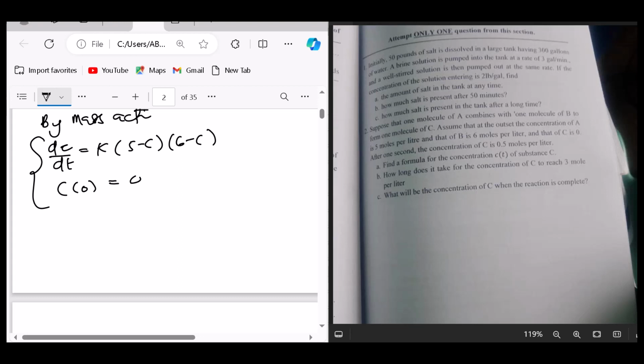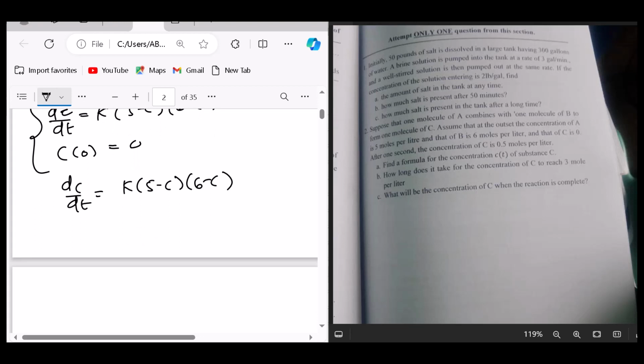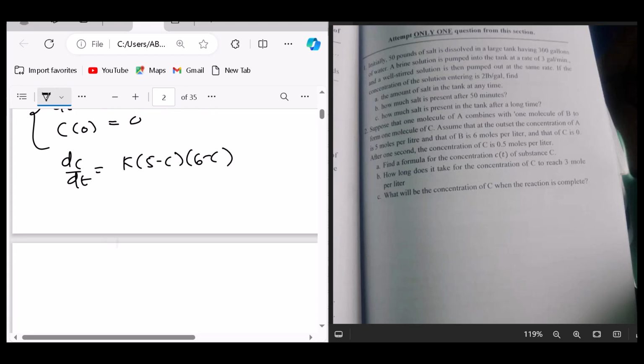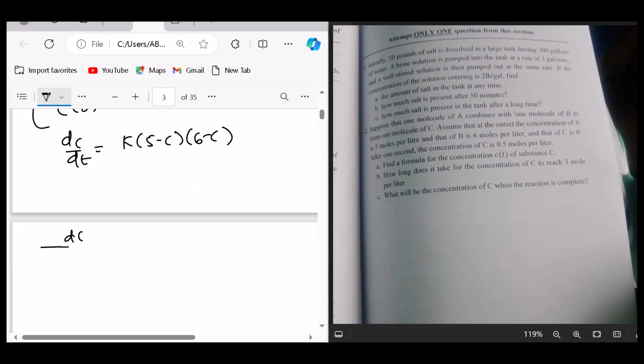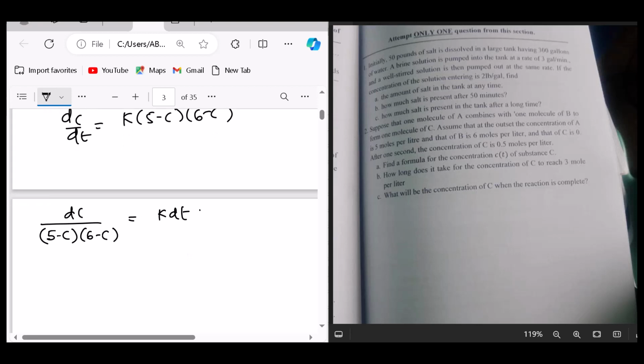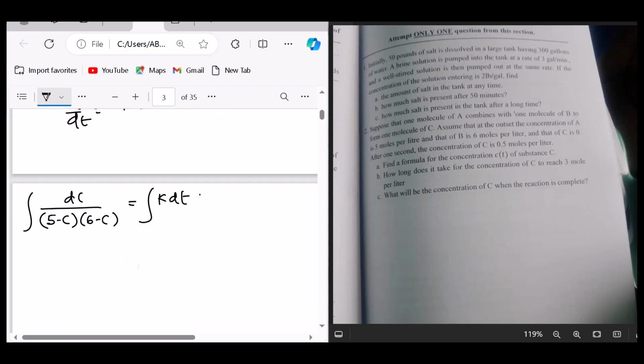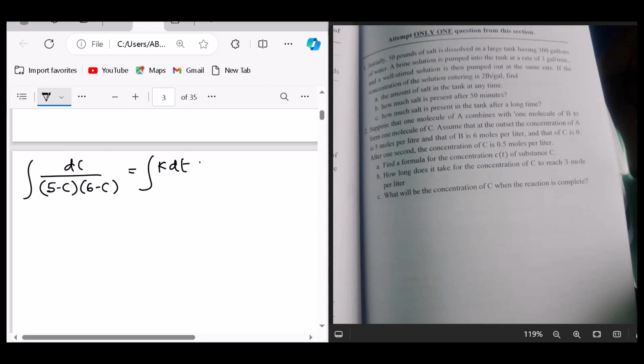So we have to solve this one now. We have dC/dt equals k(5 minus C)(6 minus C). This is separable, so we'll have dC over (5 minus C)(6 minus C) equals k dt. We solve this one, and what approach will we use?